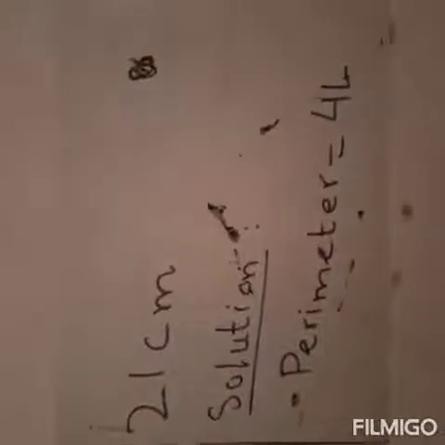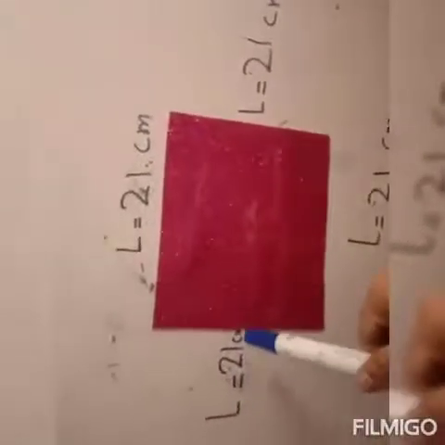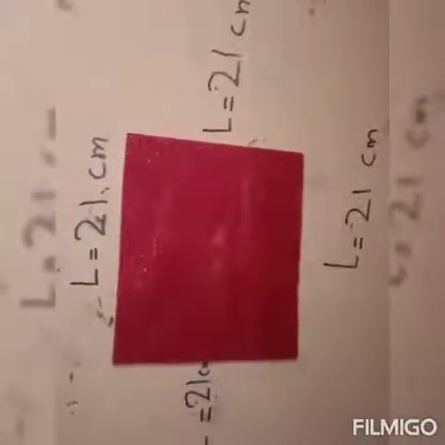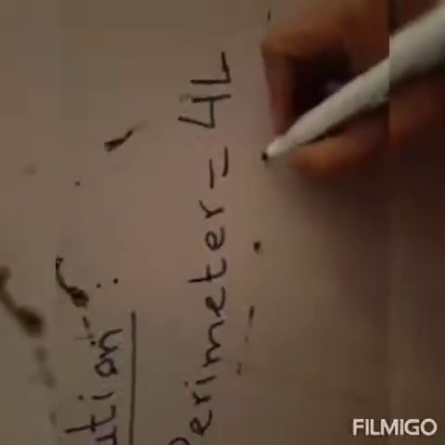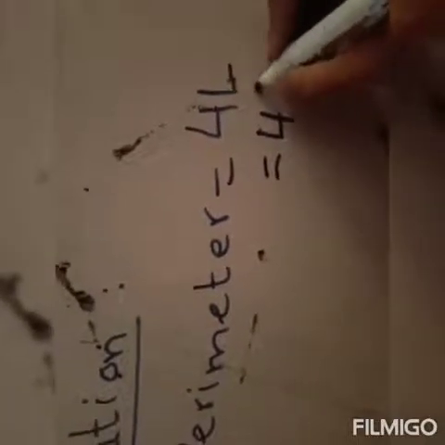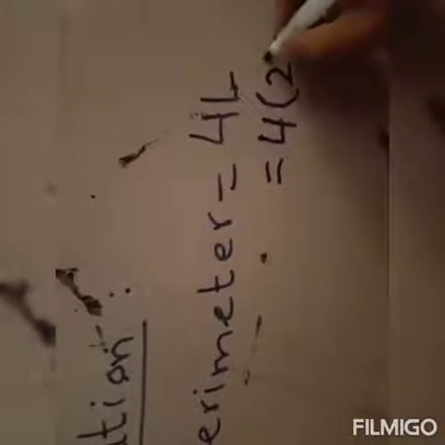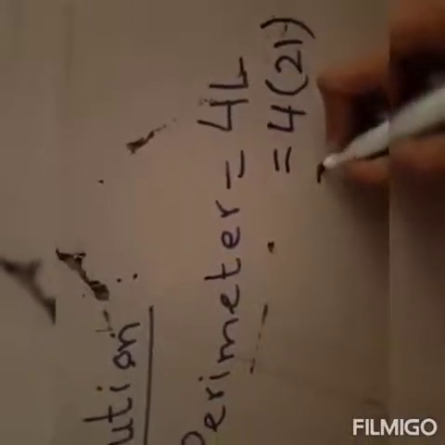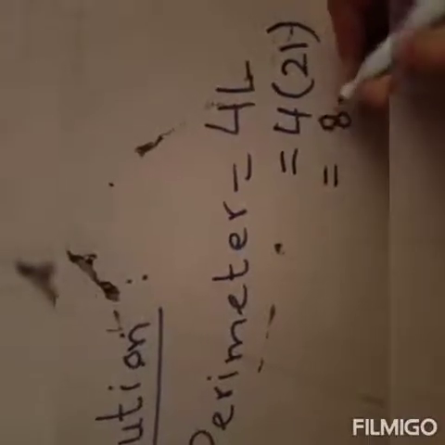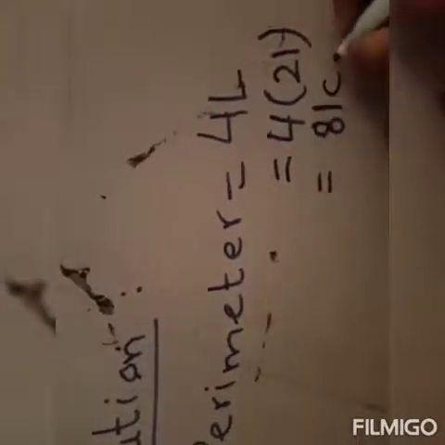Okay, let's see another part. Our B part is 21 centimeter. So here side is given. Length is equal to 21 centimeter. It means all four sides have the length of 21 centimeter. So formula is 4L, 4 multiplied by length. So 4 multiplied by 21. 4 2s are 8. 4 1s are 4. 84 centimeter will be the perimeter.